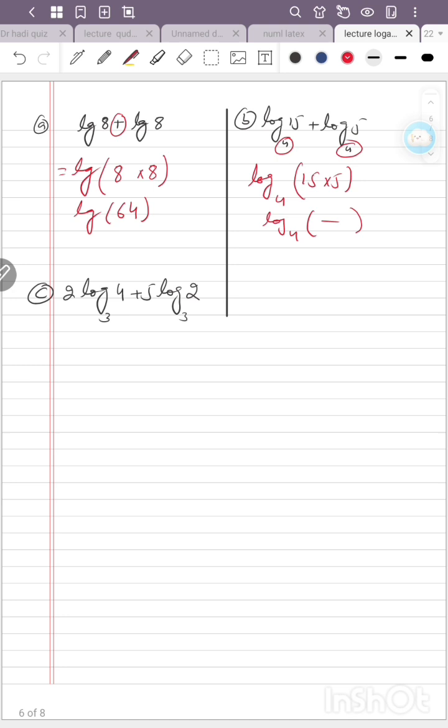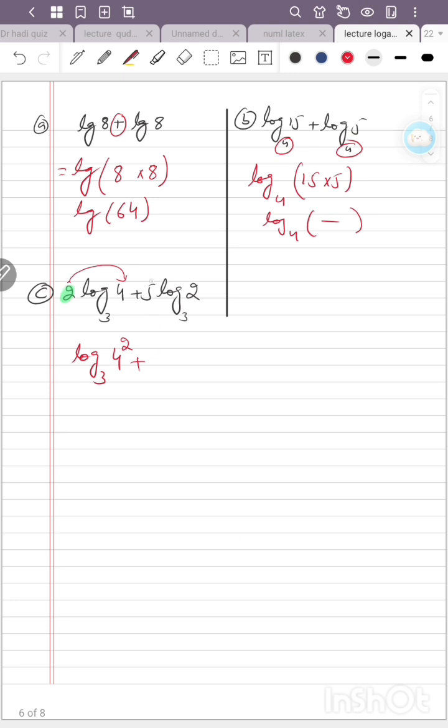Now the C part: how do we solve it? 2 log base 3 of 4 plus 5 log base 3 of 2. Here, when we convert it into a single log, the 2 goes as a power on 4. If this number is multiplied by the log, we convert it into a single log.